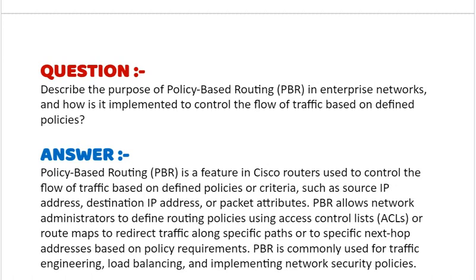PBR allows network administrators to define routing policies using access control lists, ACLs, or route maps to redirect traffic along specific paths or to specific next hop addresses based on policy requirements. PBR is commonly used for traffic engineering, load balancing, and implementing network security policies.